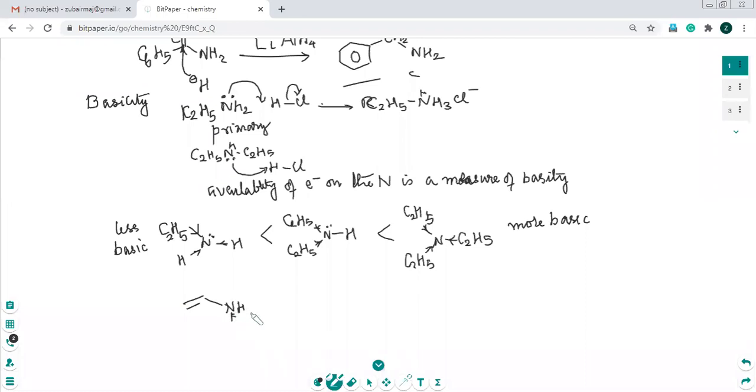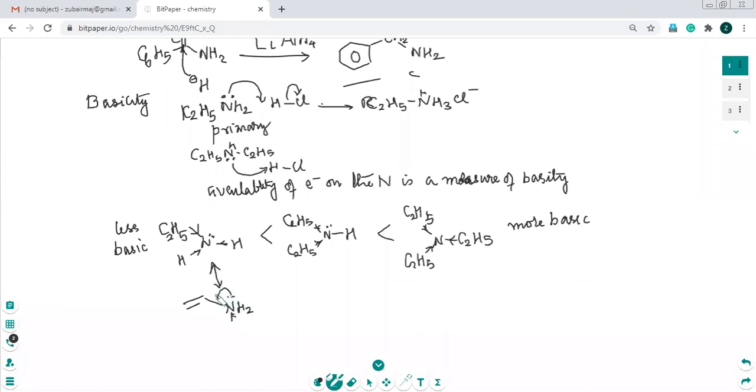NH2. You cannot resonate this into this. You cannot resonate this into this, so you have comparable basicity here. But the basicity is decreasing actually.